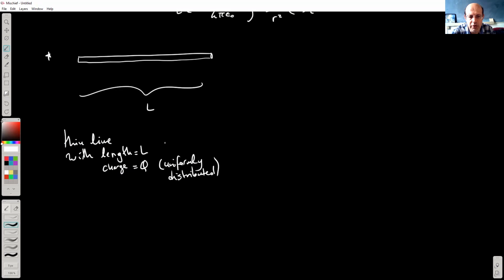I'm not going to solve it. I somehow happen to remember the solution. So I'm going to write this thing down. I think that distance was equal to A, and we were looking for the electric field at that point.